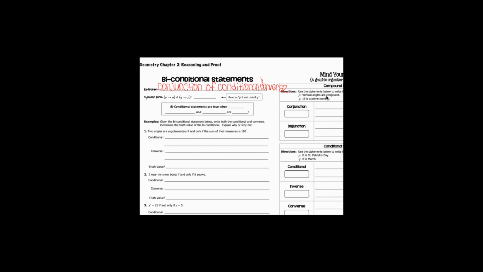So that's going to be read as P, and then an arrow going both directions because both of those are true. So it looks like that, and it's read as P if and only if Q. So biconditional statements are going to be true when both the conditional and converse are true.